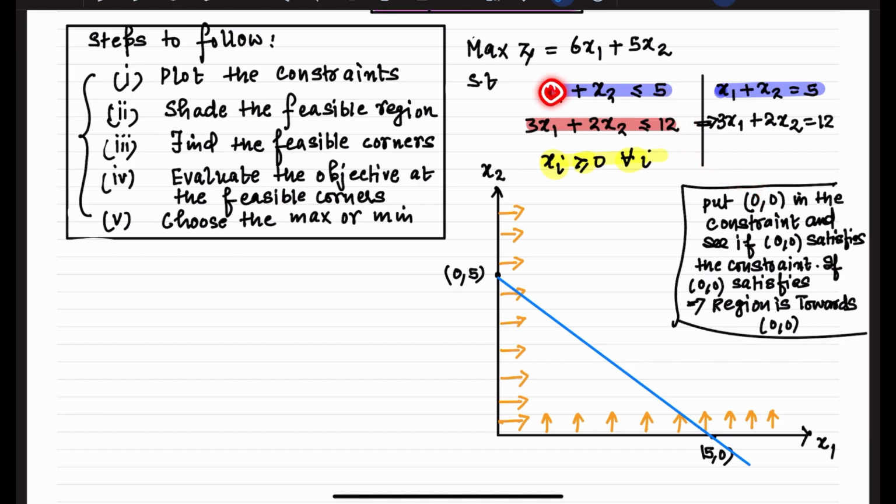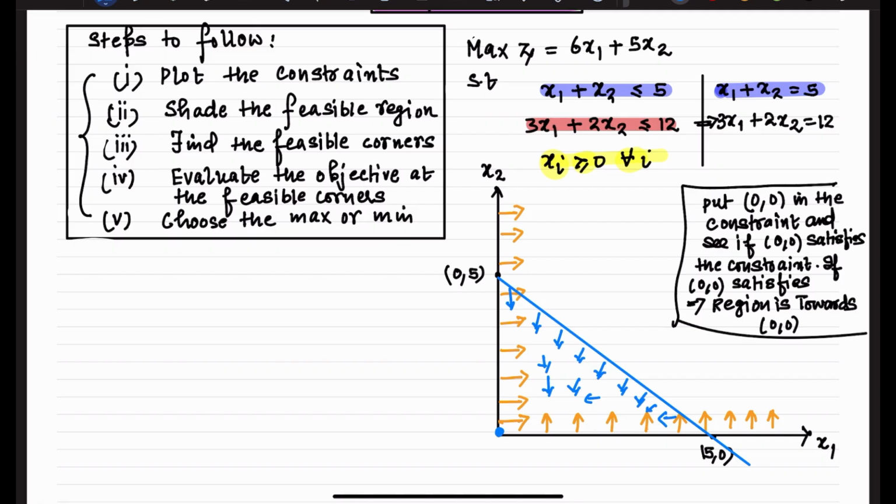So 0 plus 0, the left hand side is still 0. And 0 is definitely less than or equal to 5. So that means 0, 0 is satisfying the inequality. So if it satisfies, the region is towards the origin. That means you have to look at this side, facing towards the origin. So this is the region towards the origin.